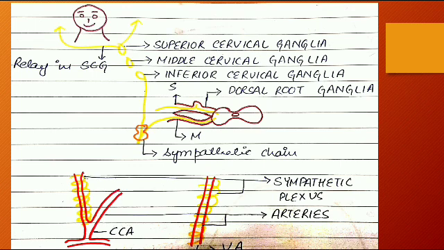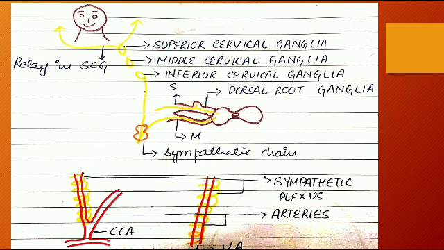These major arteries have the sympathetic nerves winding around them. This is called the sympathetic plexus, and where does this sympathetic plexus originate from? From the superior, middle, and the inferior cervical ganglion. So these cervical ganglia give rise to the sympathetic plexus. Now, where is it going to be helpful?